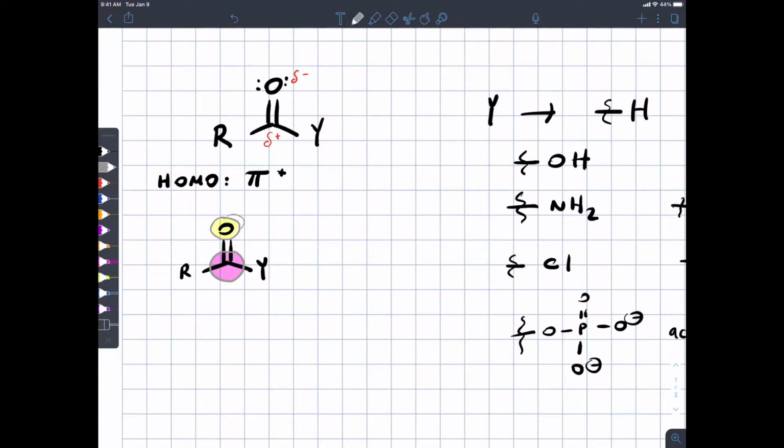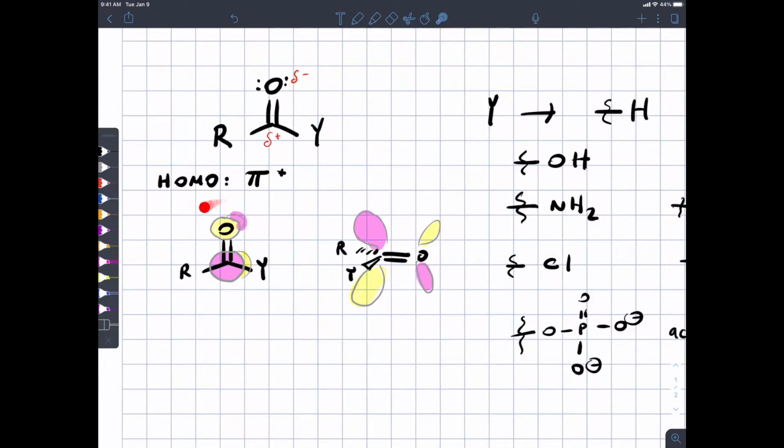There'd be a node in the plane of the page, and then below we'd have orbitals with this phase. And if you looked at the molecule from the side, with the Y group coming out at you and the R group going back into the page, you'd see something that looked like this. And that would be the pi star of this molecule. Color here represents sign of the wave function.